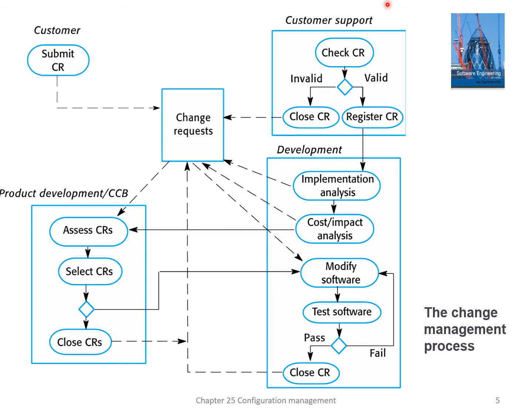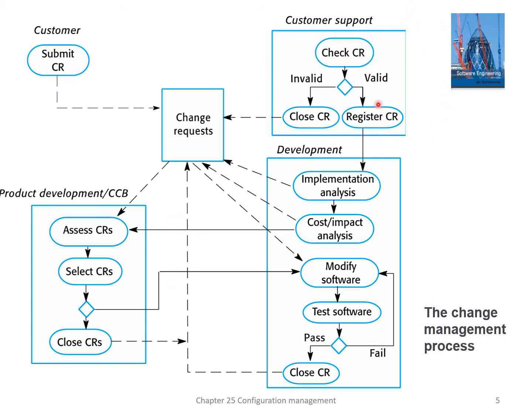Changes can also come from customer support, right? Because the system has been at the customer side for quite some time, from time to time they will call customer support to report any bugs. So this is the customer support handling requests for changes.